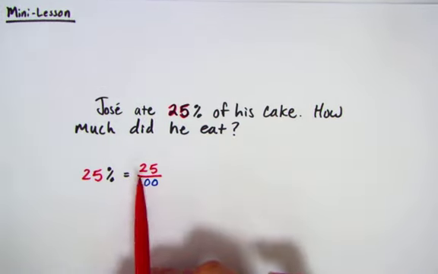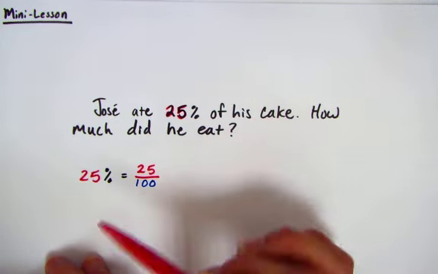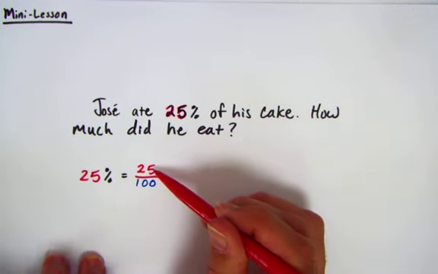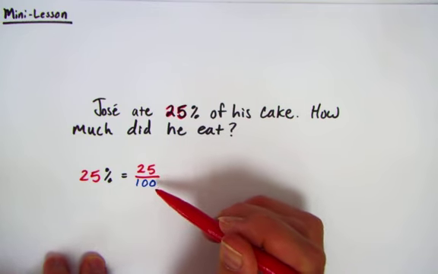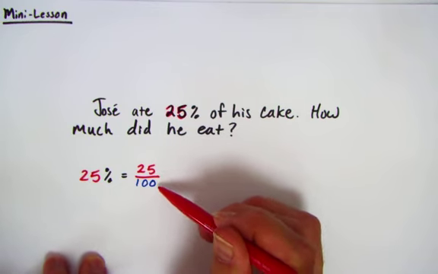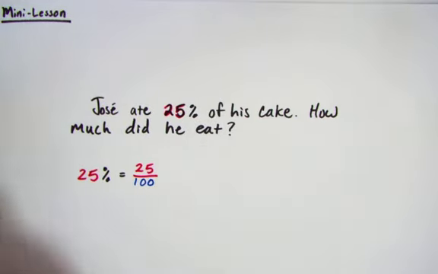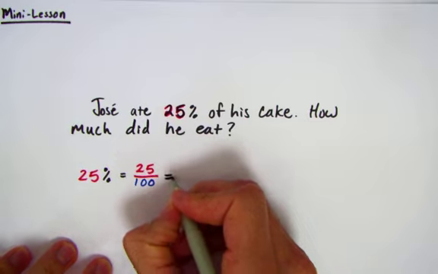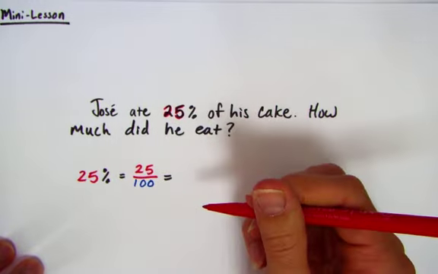So when you say 25% of Jose's cake, you're actually saying 25 of the parts out of 100. Imagine his cake is cut up into 100 parts. But we wouldn't ever do that, would we? So we can also say that 25 out of 100, or 25 hundredths, is also equal to a very common fraction that we all know.